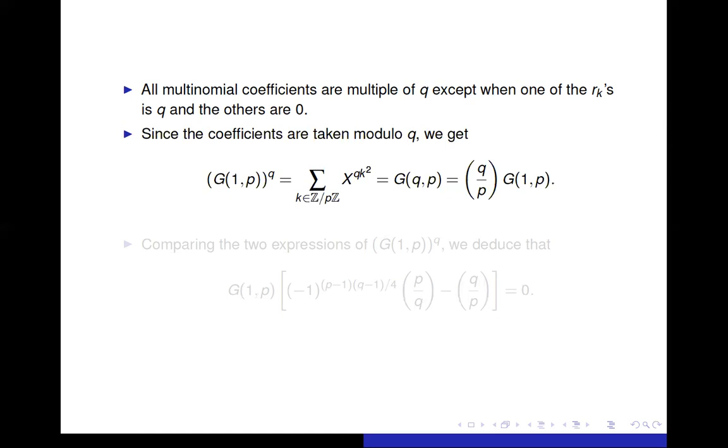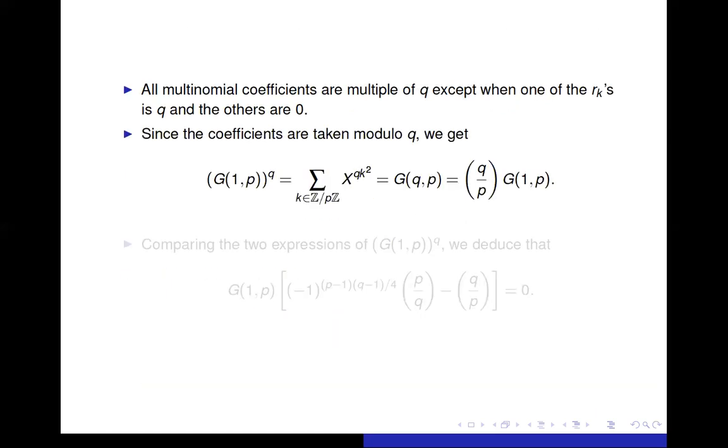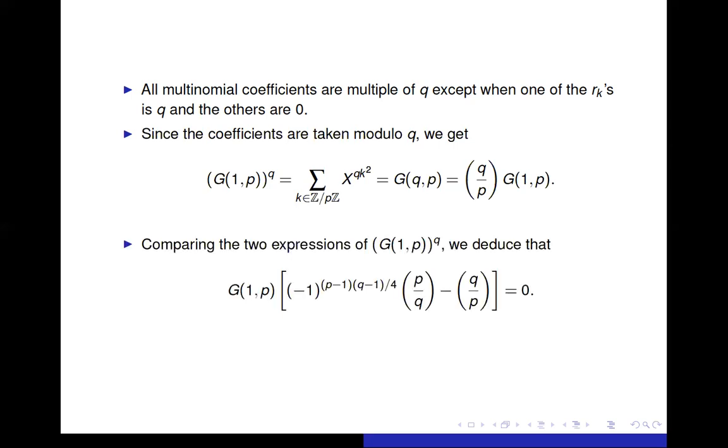So I get this equality. So in fact, I have two expressions for the q-th power of the Gauss sum, this one and this one. And then if I compare the two and I make the difference, I get 0. And this gives g1p times what is in the bracket equals 0.